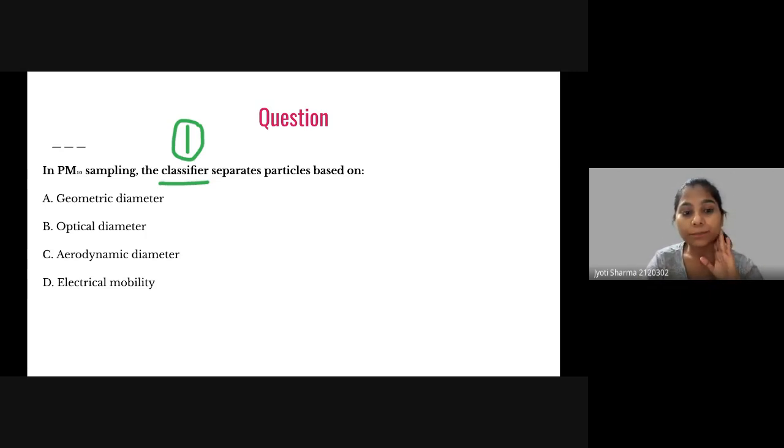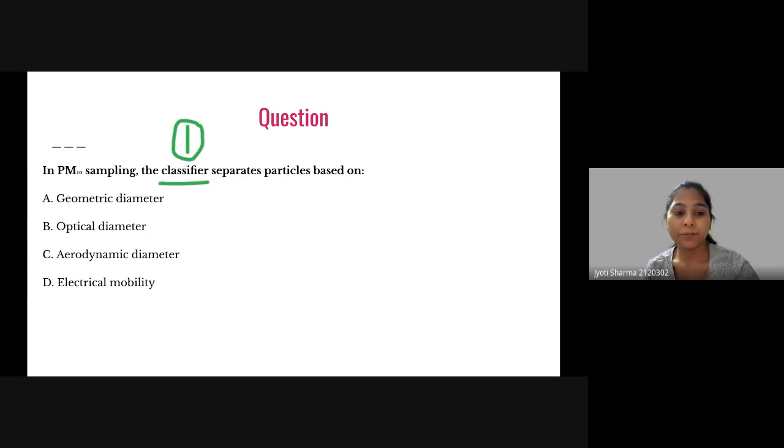In a classifier we separate particles based on aerodynamic diameter. Can you tell me the difference between geometric diameter, optical diameter, and aerodynamic diameter? We have three types of diameter here. What are the differences?